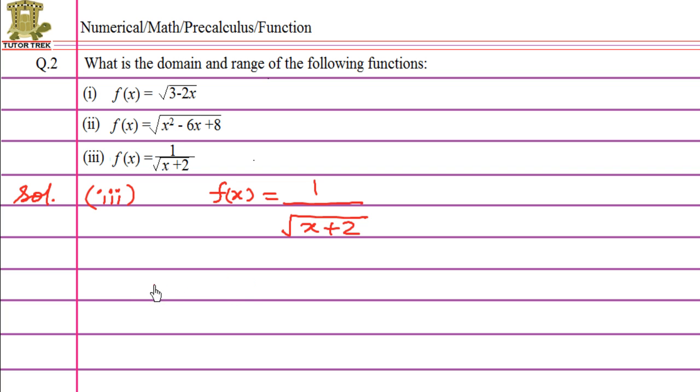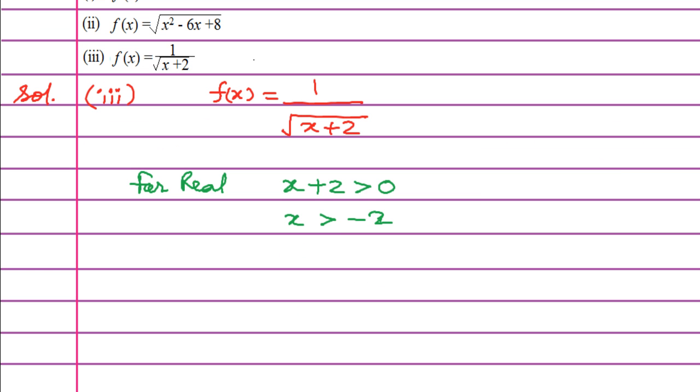So for real values, x plus 2 should be greater than 0. So x is greater than minus 2. So we get the domain here.